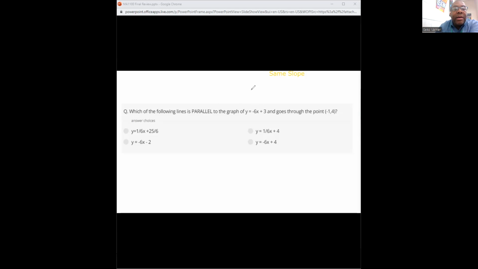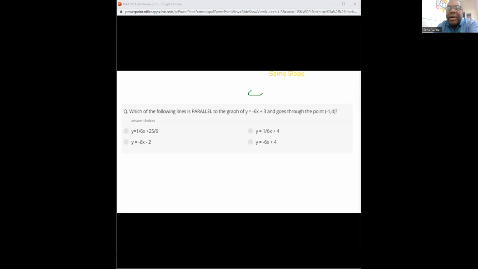Now, let's get back here. This says, which line is parallel to y equals negative 6x plus 3? I'm going to type in y equals negative 6x plus 3, and it goes through the point negative 1, 4. That's the point I wanted to go through. I want my parallel line to go through negative 1, 4.